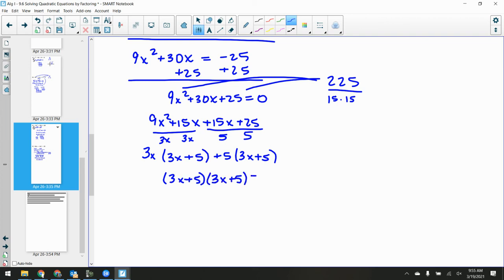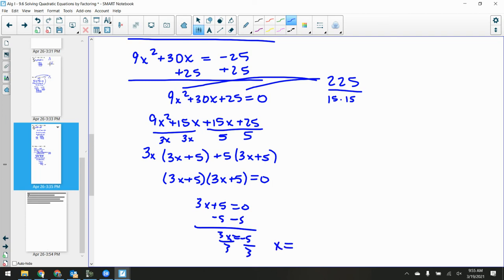This is another one of those where I've got the same thing as my factors. Do I need to write them both? No, let's just write one of them. We set one of them equal to 0. I'll pick the first one. We subtract the 5. We divide by 3.